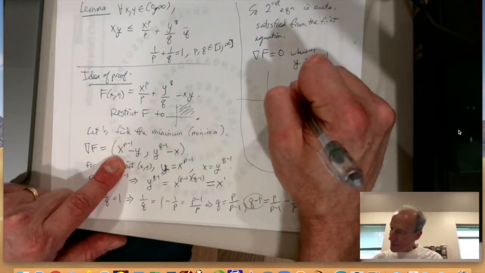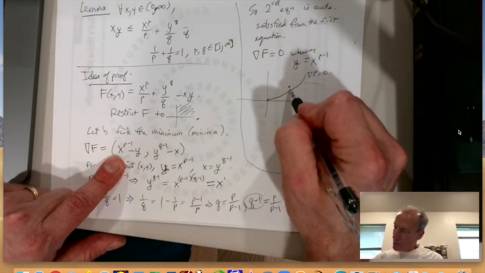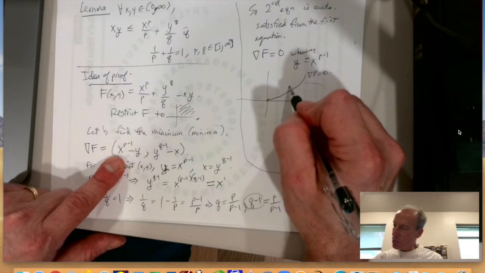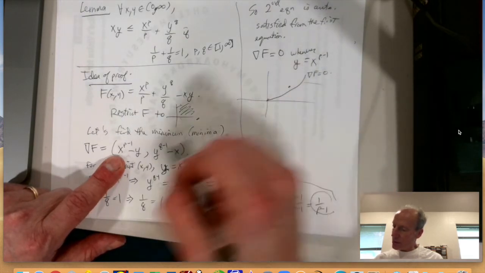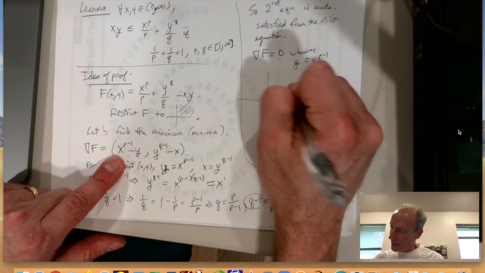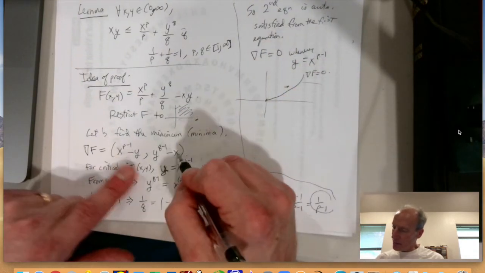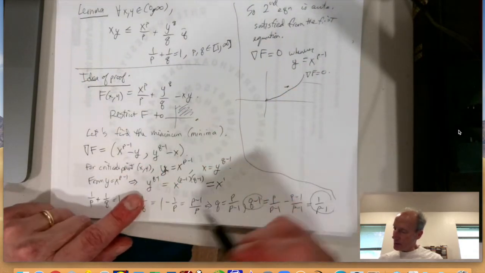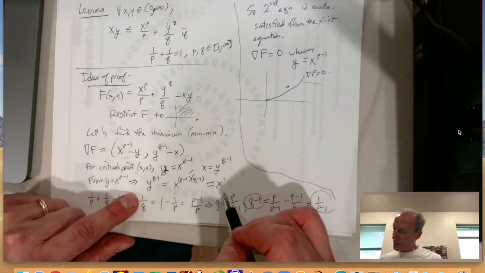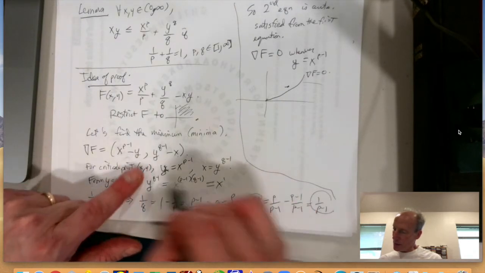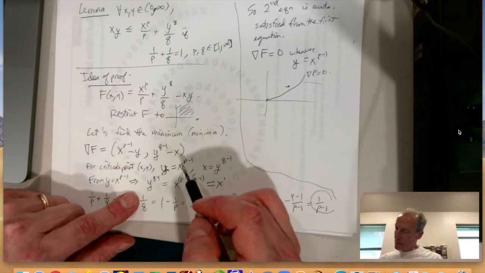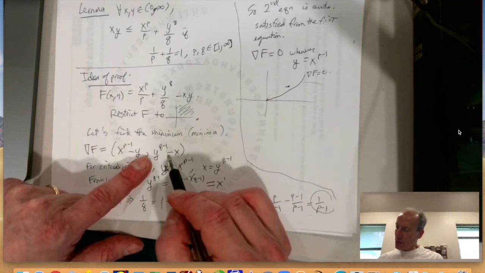And then if you actually plug in points away from this curve, so points over here, y is greater than x to the p minus 1. So the first component is negative. And it turns out the second component is then positive.